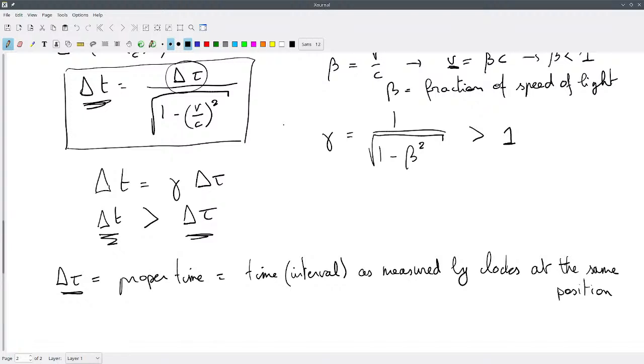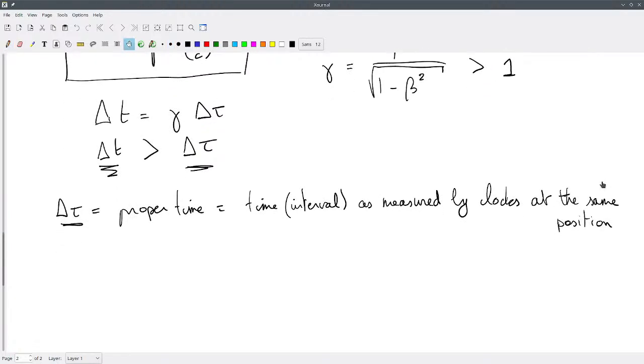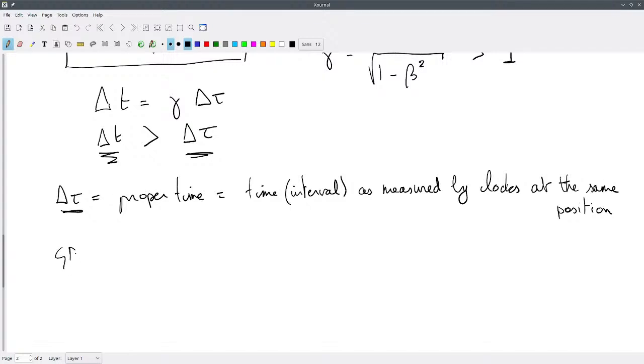Now, is this all relevant? Obviously, I wouldn't be talking about it if it wasn't relevant. One example where we can apply it is GPS satellites, and we can tie this back to last week's material. V orbit for a GPS satellite is the square root of G times the mass of the Earth over the radius of the orbit.